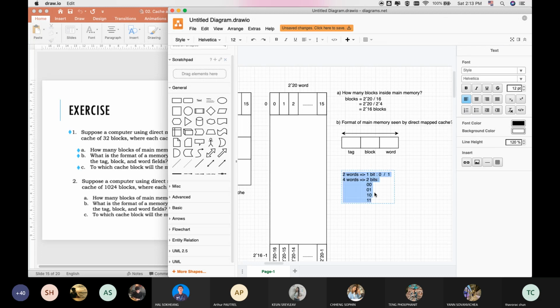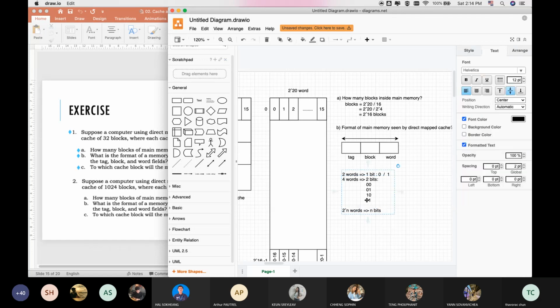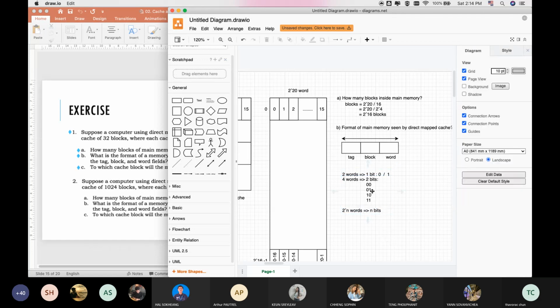Okay? Based on this, you can create a formula. The formula here is 2 power n. If you have 2 power n words, you need n bits to encode all the words inside. Is it correct? Like this? Same, right?